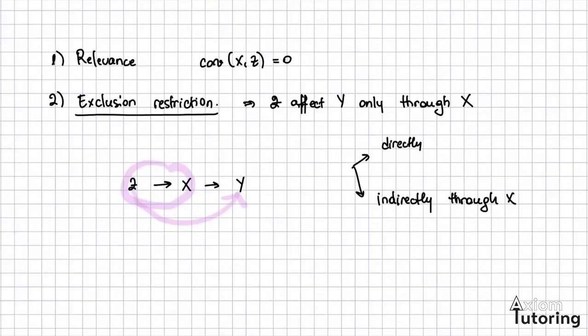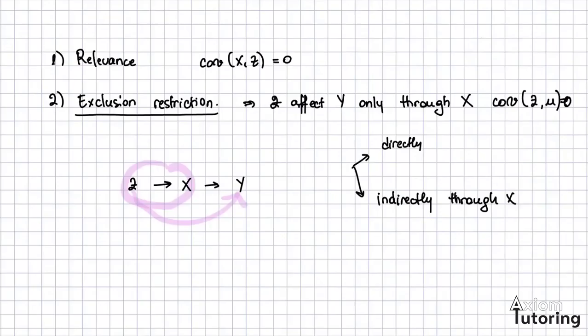And that's exactly where the name comes from. We exclude the direct path, all right? And mathematically, we can write this as the covariance between Z and, I'll actually write the error term instead of the Y, because remember, everything else that has not been explained by the Y is in that error term. This is equal to 0. And it seems like it's a little bit squished, so let me move it in here so you can see it clearly.